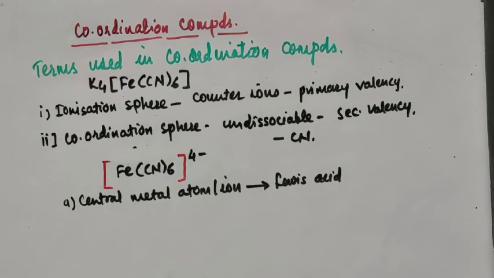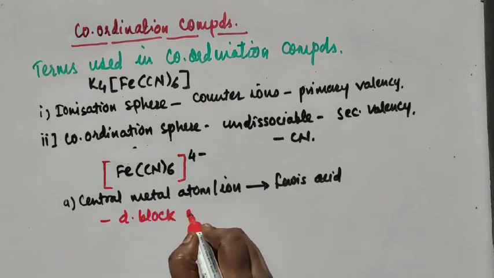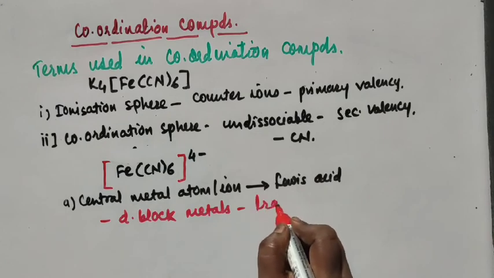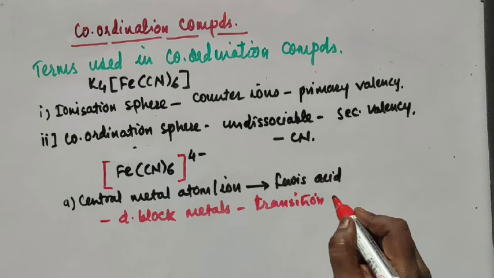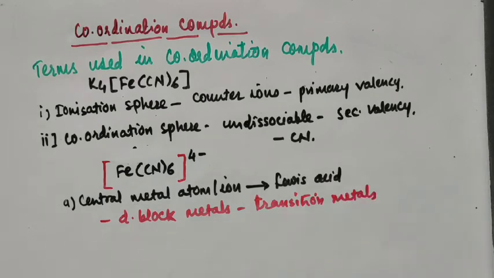So only the d block metals, which are also called transition metals, can form coordination compounds, as they have empty d orbitals.